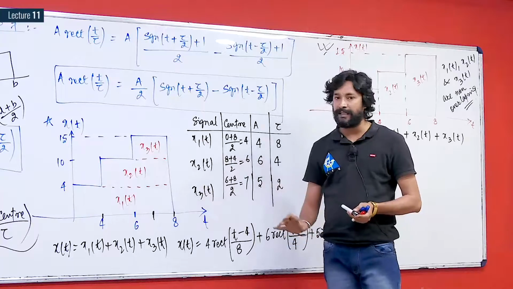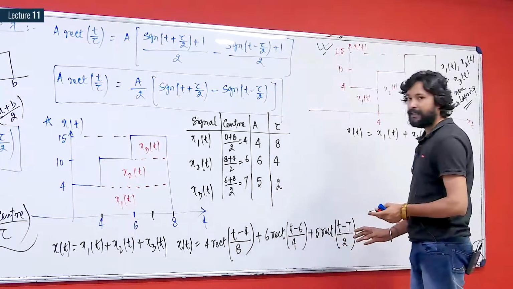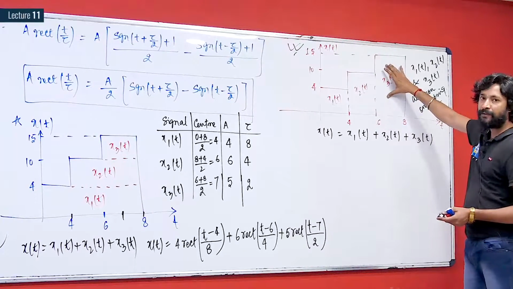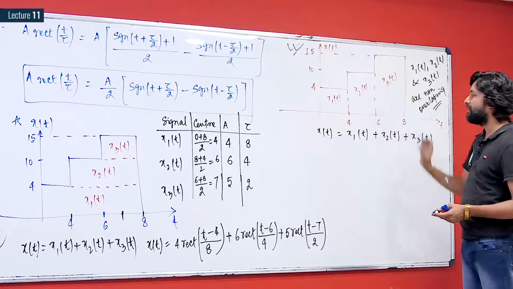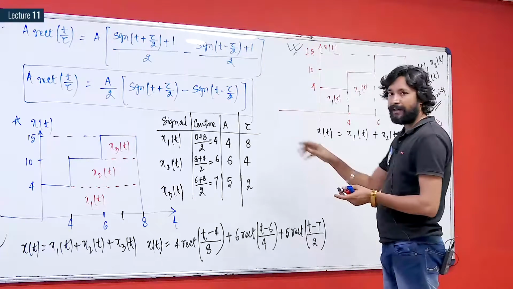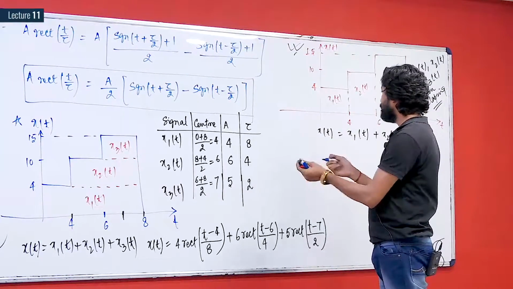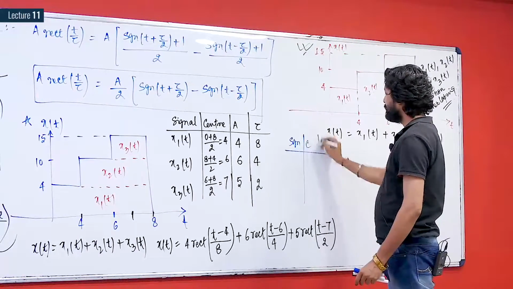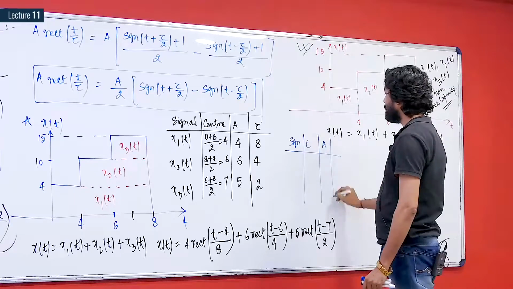But now we are going to see another representation, which is taken if we consider the horizontal rectangles, that is, non-overlapping functions x1 of t, x2 of t and x3 of t. Similarly, we will calculate the center, value of A and value of tau.